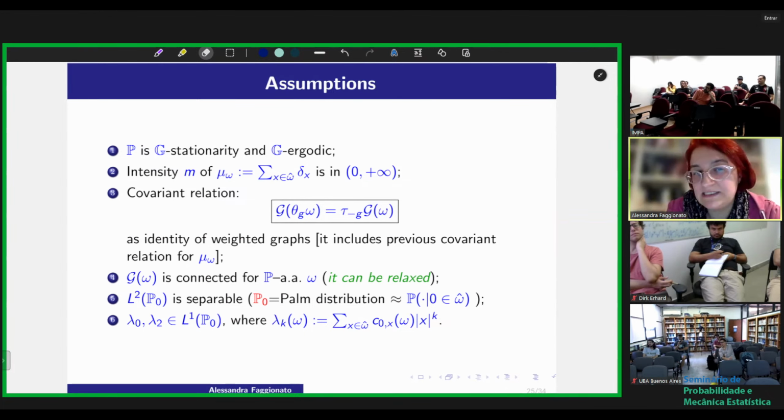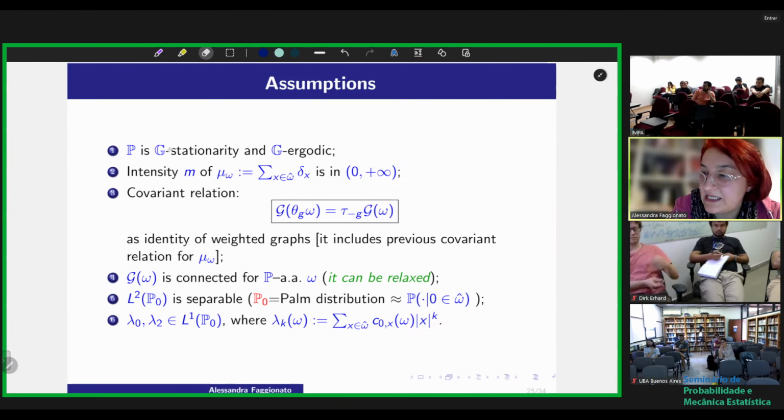It's a huge class, and I fixed some very basic assumptions. The idea is that my medium is microscopically disordered, but macroscopically homogeneous from a statistical viewpoint. This corresponds to the property that P is G-stationary, so it is left invariant. The action of the group on the probability space is given by measure preserving maps. Let us assume also that P is ergodic.